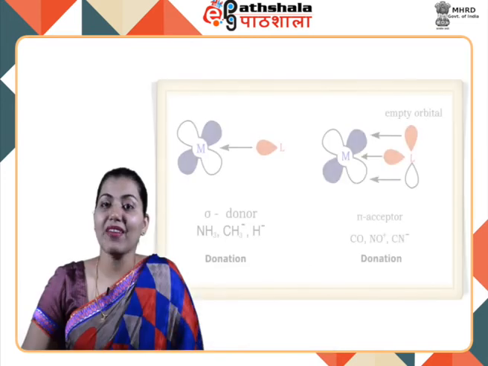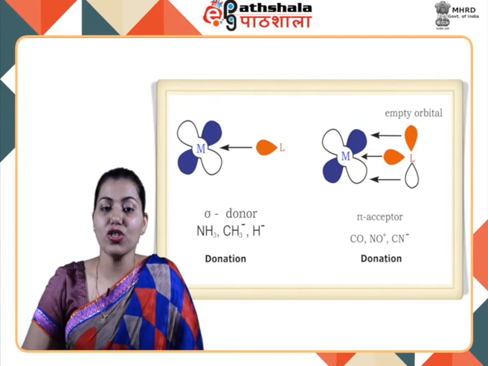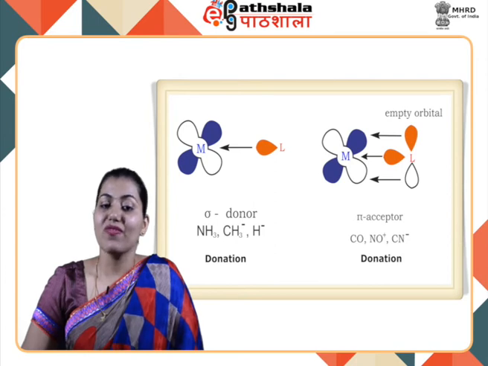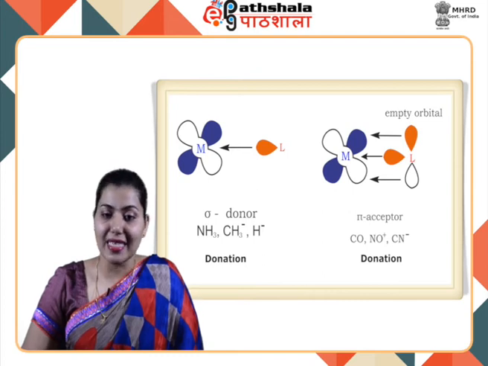The mode of donation for the pi donor ligands has been represented in figure 6. Here we have discussed the concept of donation of pi donor ligands, that is how the electron is donated in these ligands. All ligands are sigma donors. Ligands with filled p or d orbitals may also serve as pi donor ligands.